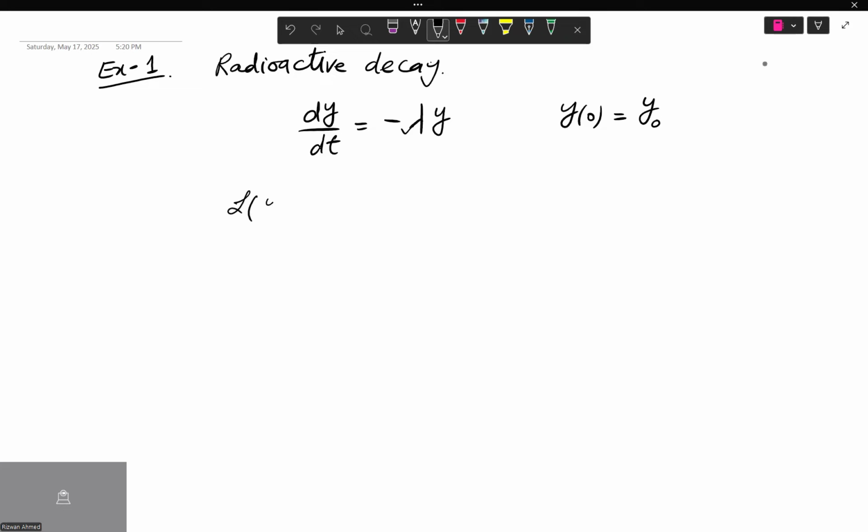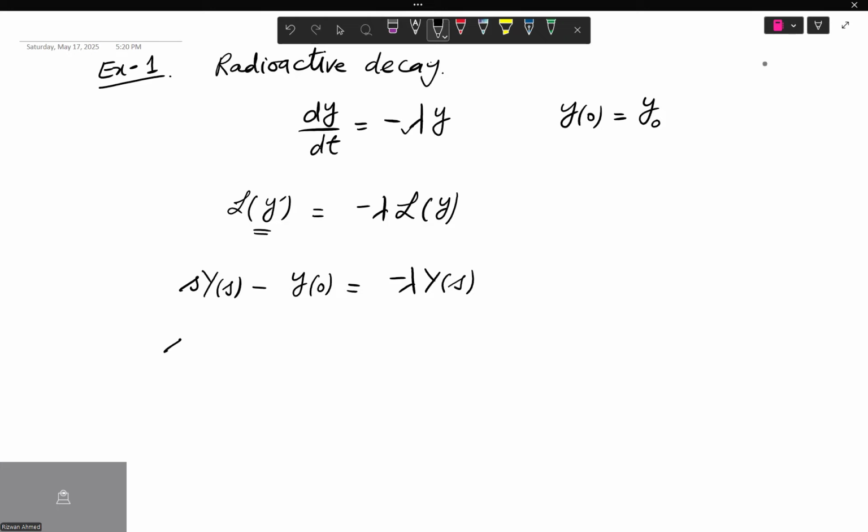So it will be the Laplace transform of y prime equals minus lambda times the Laplace transform of y.